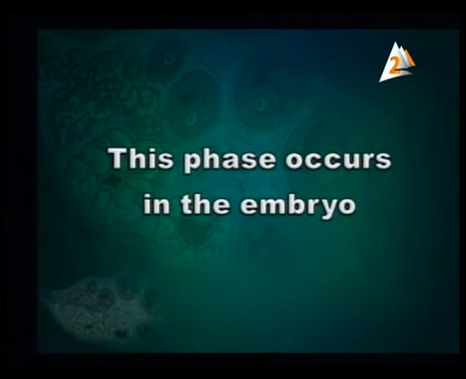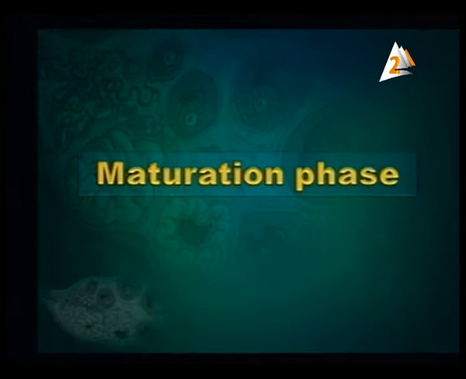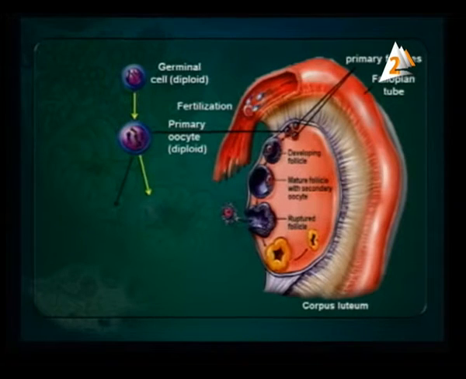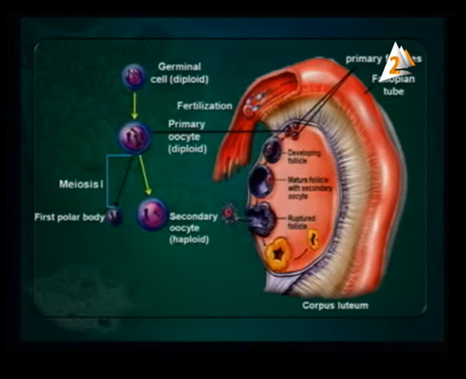The last one is the maturation phase. In this phase, the primary oocyte, 2N, is divided by the first meiotic division into a secondary oocyte, and the first polar body is produced.